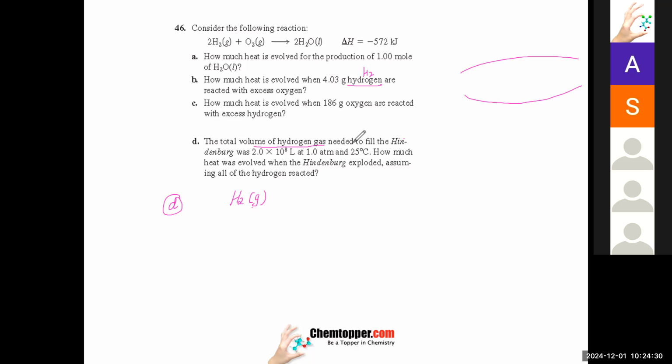Hindenburg was an aeroplane, and it was on its very first flight where they were using hydrogen gas as a fuel. We are not using it till now. Why? Because this hydrogen gas is very, very reactive. It reacts with the oxygen of the air to form water, right?